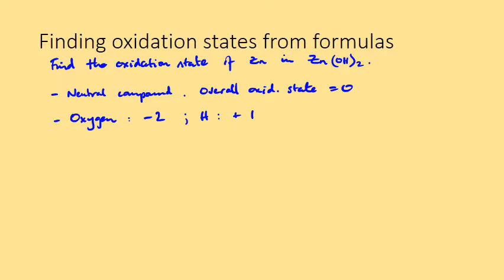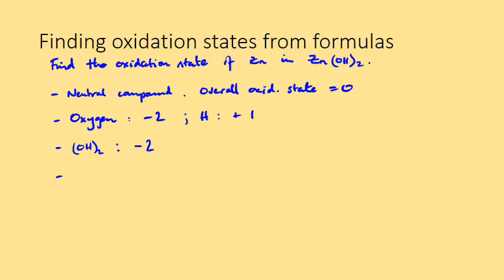So if that's the case, then let's now work out the oxidation state of the OH2 bit. Oxygen is going to be -2, whereas hydrogen is going to be +1. So one hydroxide ion, one OH, is going to be -1. So the oxidation state of OH2 is going to be -2. Do we get that? Hopefully you do.